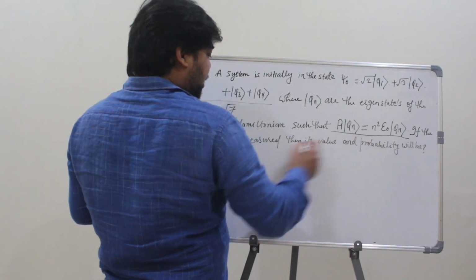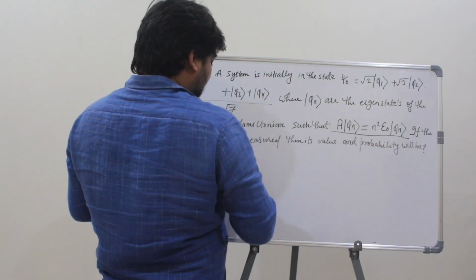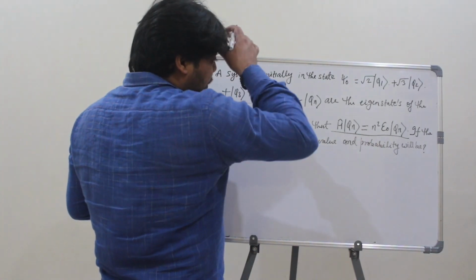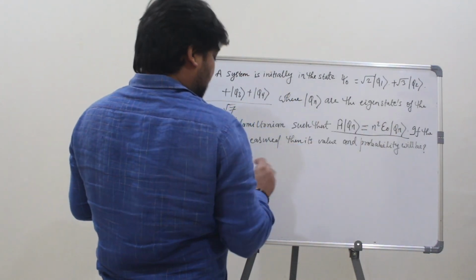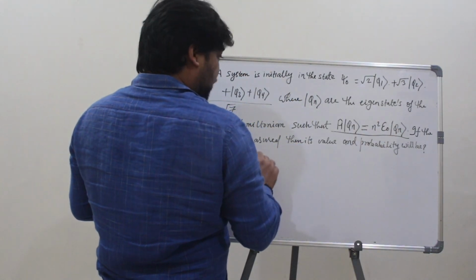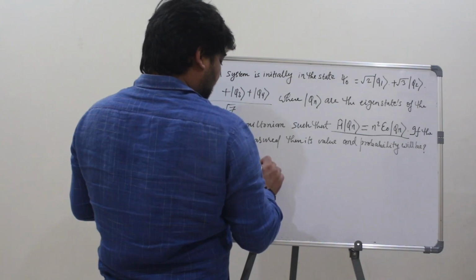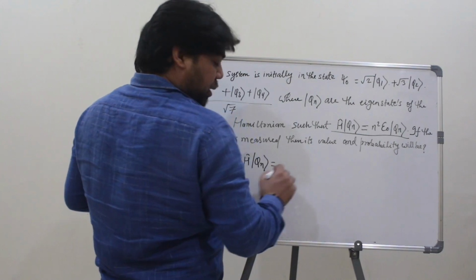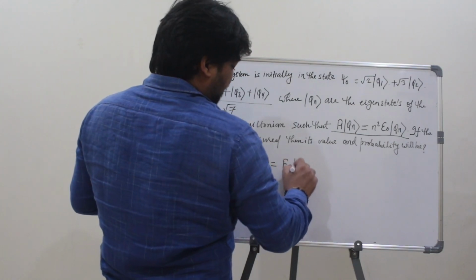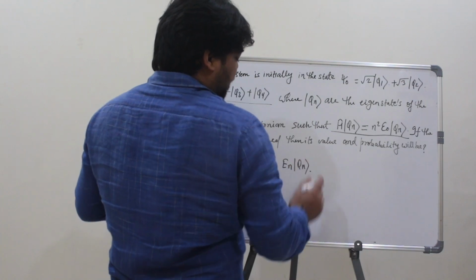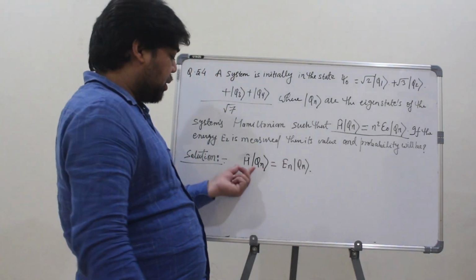So let us calculate the energy E2. E2 must be the eigenvalue of the Hamiltonian in that state. Remember that H cap phi n gives you En phi n. This relation is something one must remember.